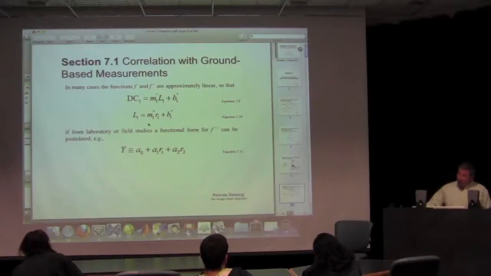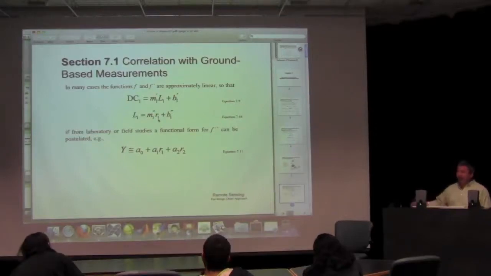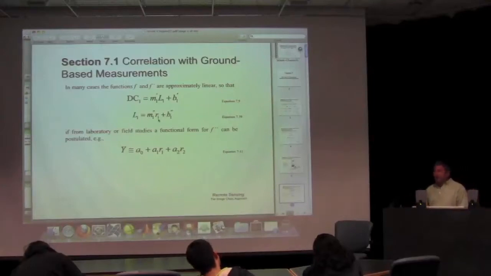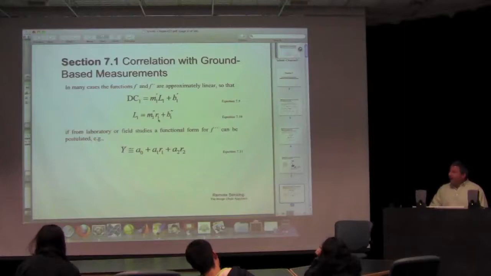And the other beautiful part is that the reflectance is typically linearly related to the radiance leaving that surface, based on a bunch of factors. But in most cases, that relationship remains linear. There are certain scattering properties that will result in nonlinearities, and in fact, almost all scattering properties are going to result in nonlinearities, but they're very small. The nonlinearities are small, so we get away with it.